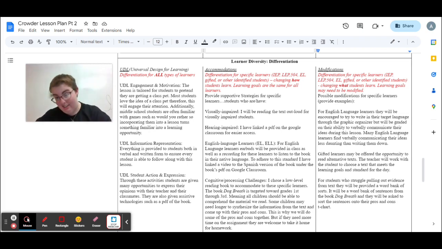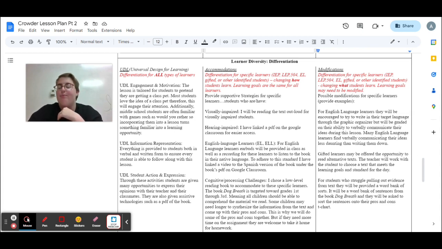The second way I'm engaging them is with a bell ringer. I did a would-you-rather question. I know that I love would-you-rather questions and that I will fight people on them because I'm always right.